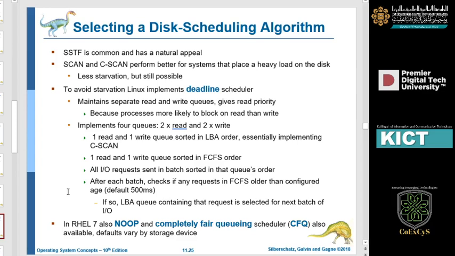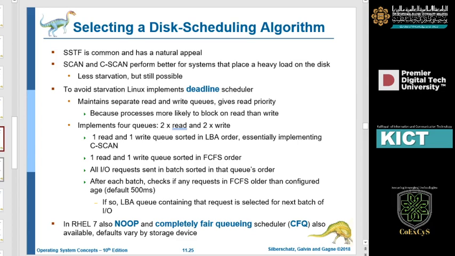There are other types of algorithms also being discussed. SSTF is common and has a natural appeal. This is shortest seek time first. So whichever is the closest to it, it will service first, right? Scan and C-scan, basically. So there are four major types of scheduling algorithms.